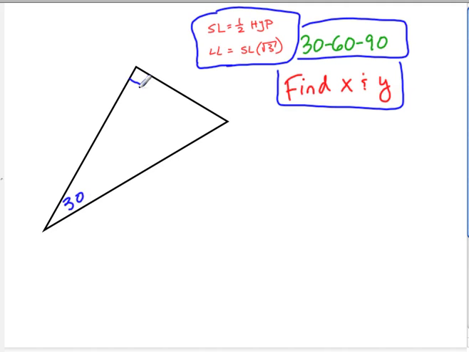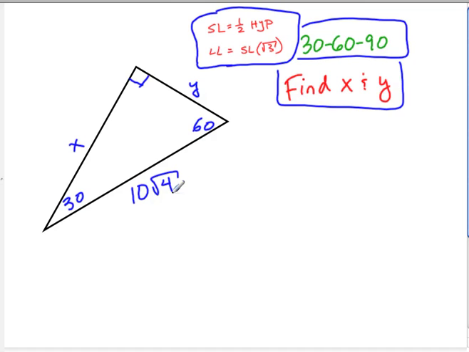There's our right angle. Okay, so let's say that instead of being given the long leg, we're actually given the hypotenuse. Okay, and it says to find x and y.